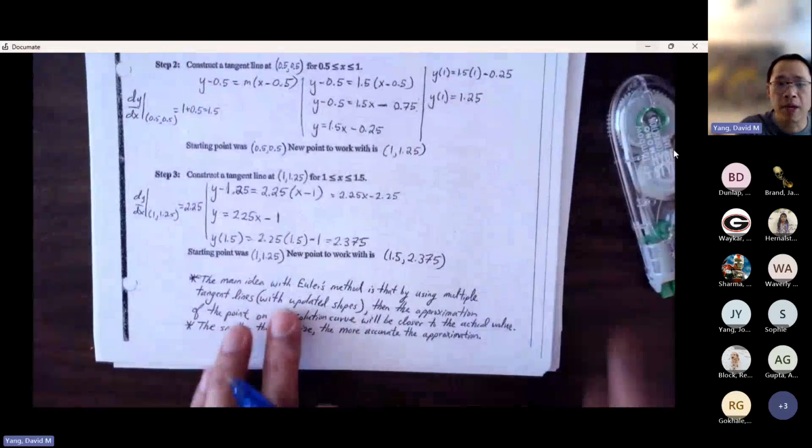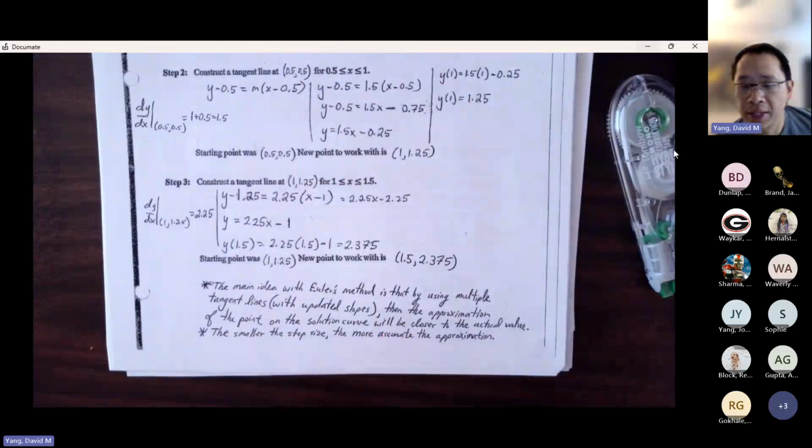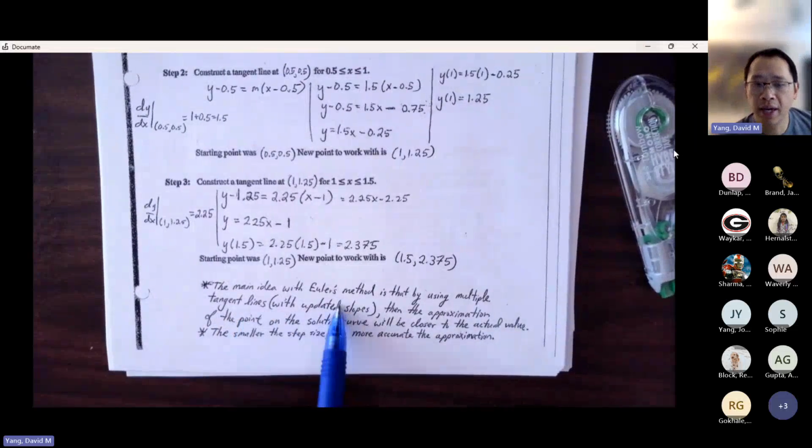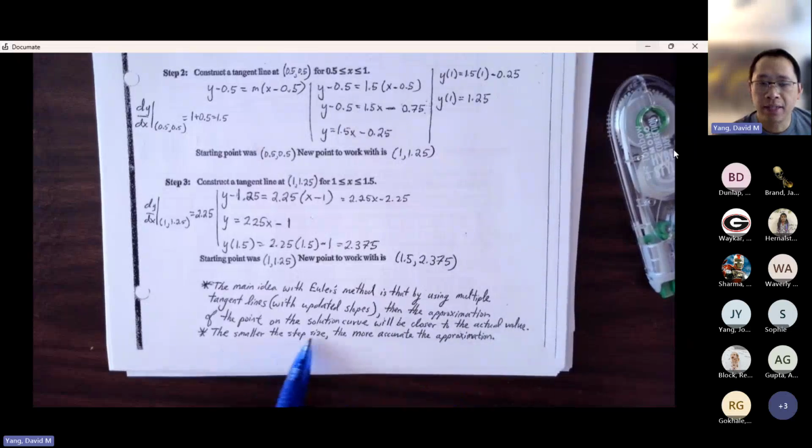So the main idea here with Euler's method is that we're using multiple tangent lines, and each tangent line is going to have an updated slope using the differential equation. Our approximation of the point on the solution curve will be closer to the actual value. And the idea is that the smaller our step size, the more accurate our approximation.